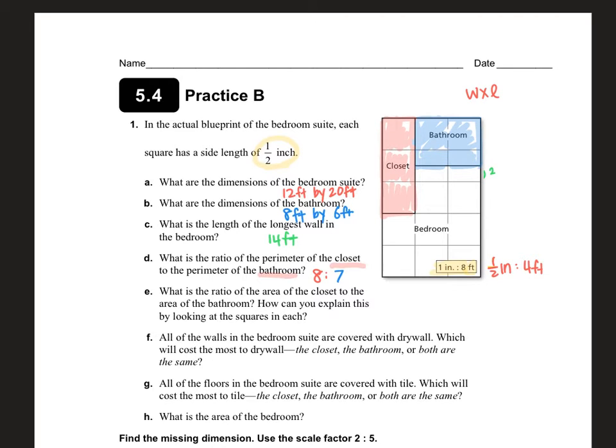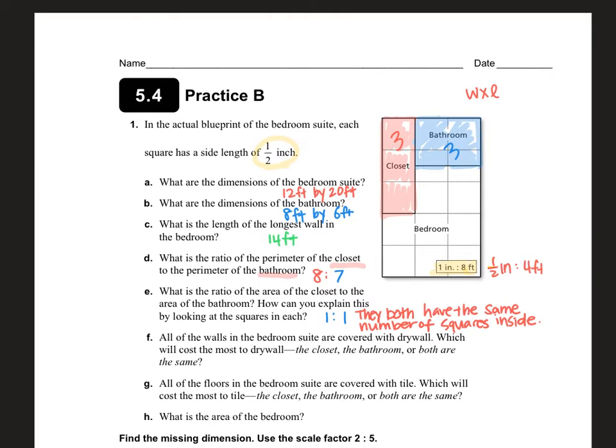As a result, I can see that the closet has the area of 3. The bathroom also has the area of 3. So what I can do is put the ratio as 1 to 1. And how do we know that? Because they have the same number of squares inside of that area.